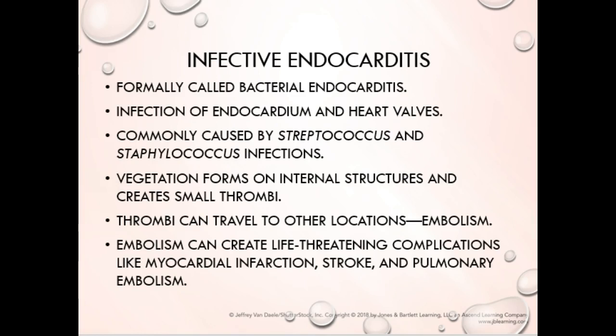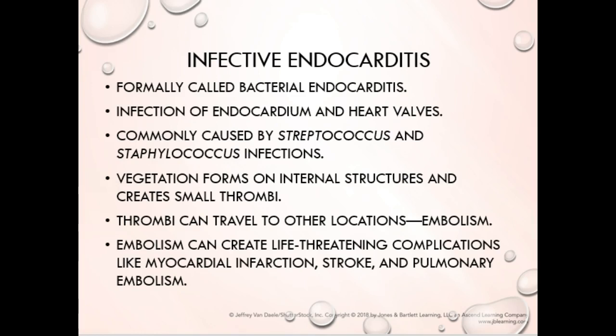And what happens with those vegetative forms, which are like a bacterial overgrowth almost, on these internal structures, is they like to form microthrombi. Nobody likes to throw clots, right? This is a very bad thing because we'll throw those clots, they'll travel to other locations. And so just as a little refresher, a thrombus is when a blood clot is attached to something and not traveling.